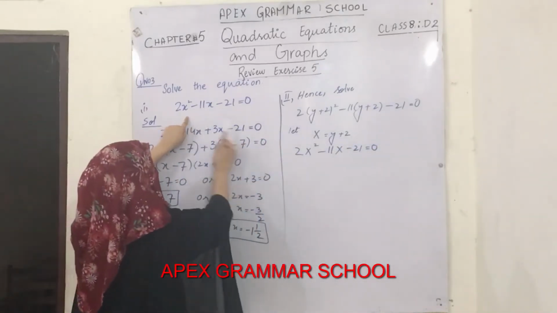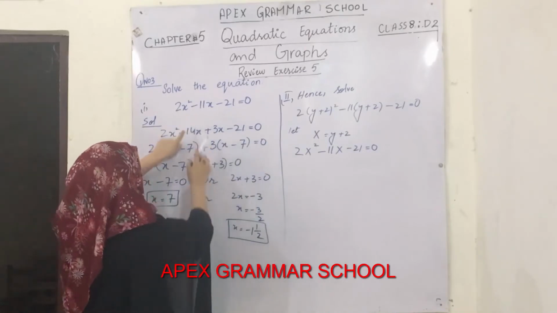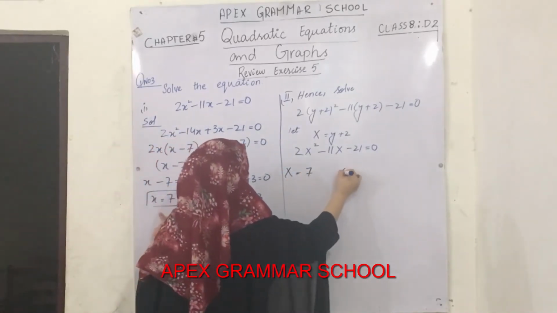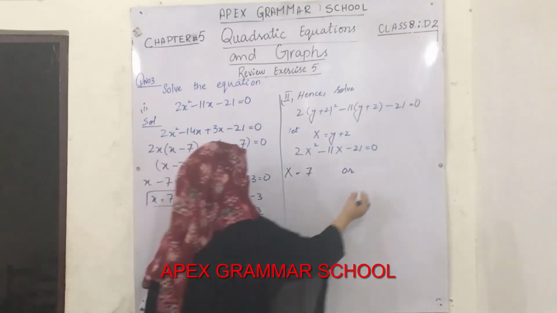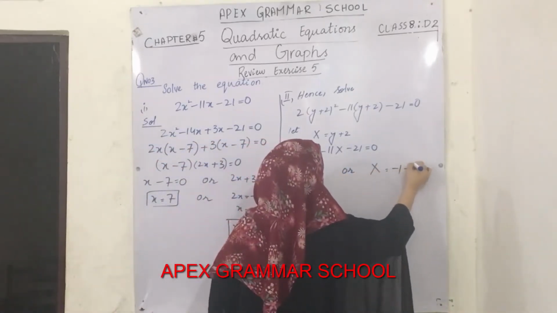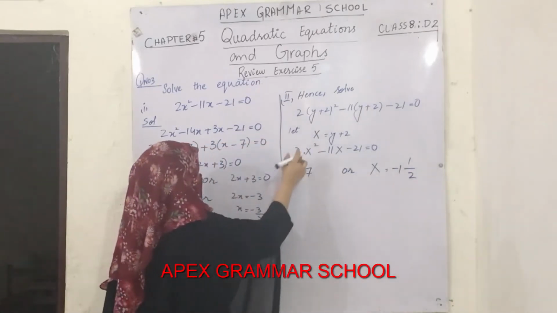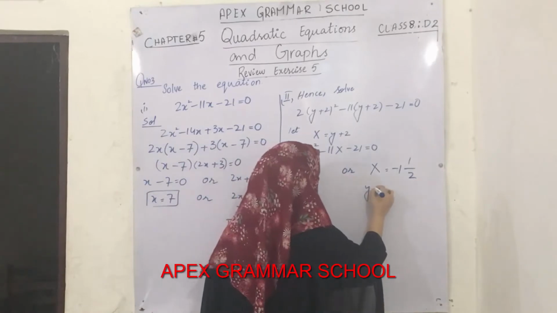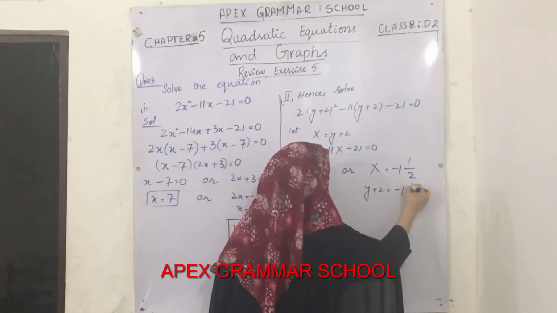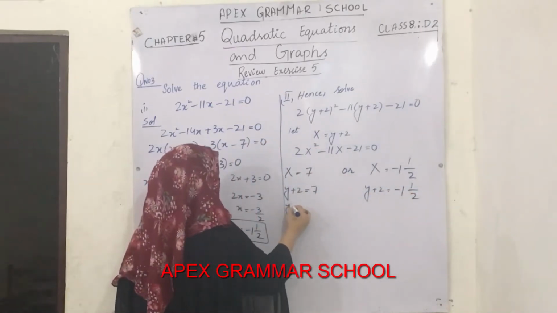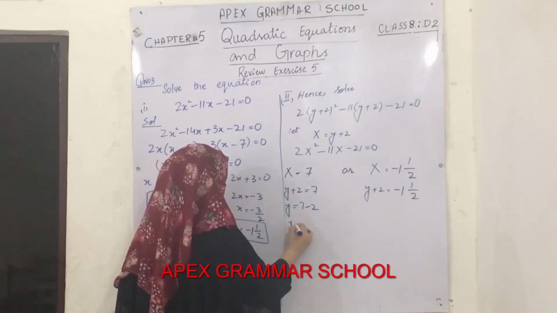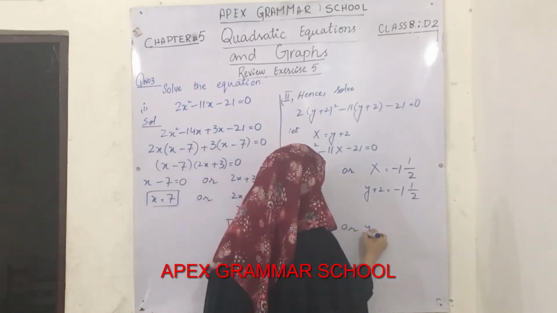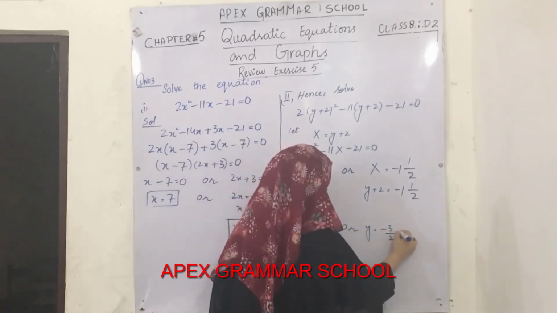Now both equations are the same, which means their solutions will also be the same. So capital X = 7 or capital X = −1 whole 1 by 2. But capital X was y + 2, so y + 2 = 7 and y + 2 = −1 whole 1 by 2. y = 7 − 2, y = 5, or y = −3/2 − 2.